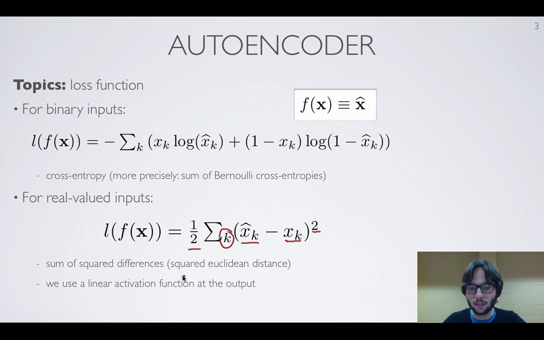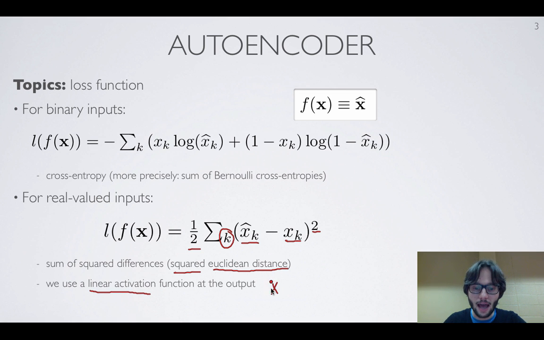We can actually think of it also as the squared Euclidean distance between the vector x hat and the input vector x. And often when we're optimizing this, and if the inputs are really real valued in the sense that they can take values between minus infinity and plus infinity, then in this case often we'll use a linear activation function at the output.